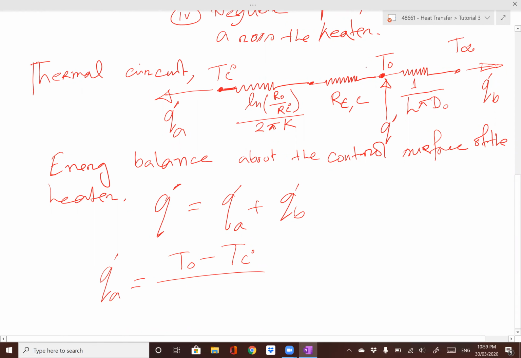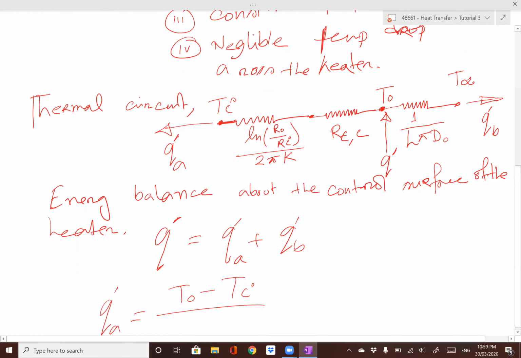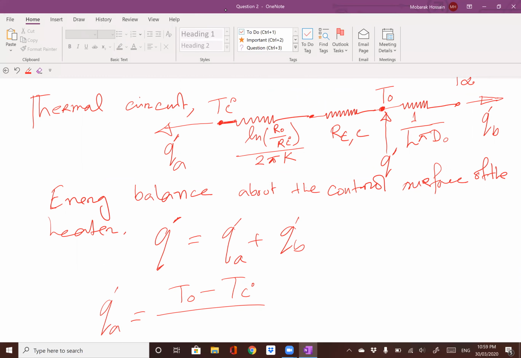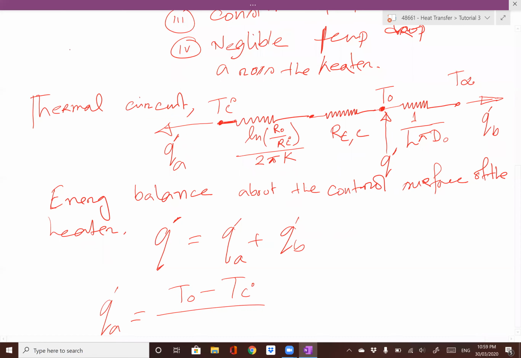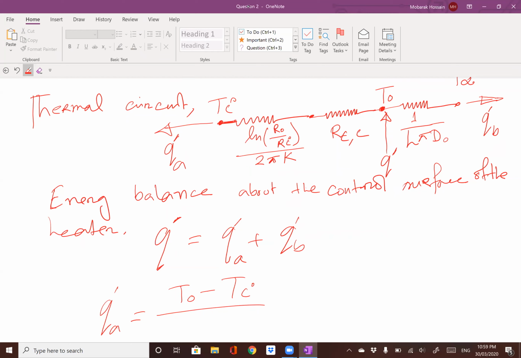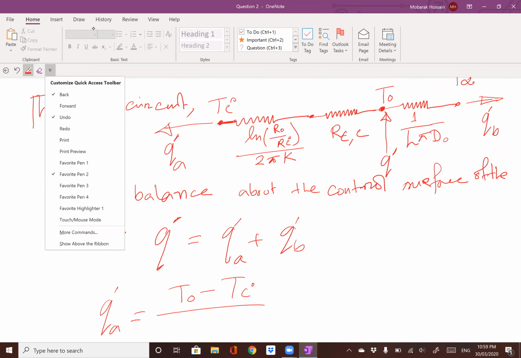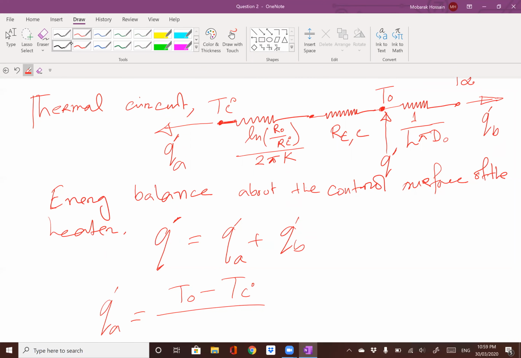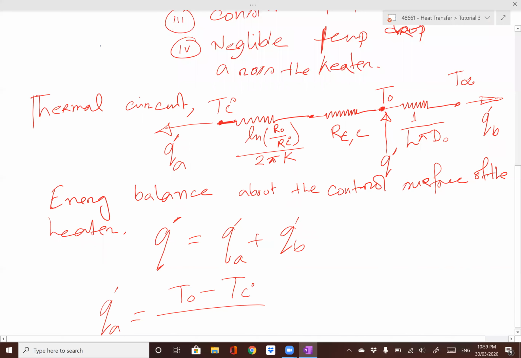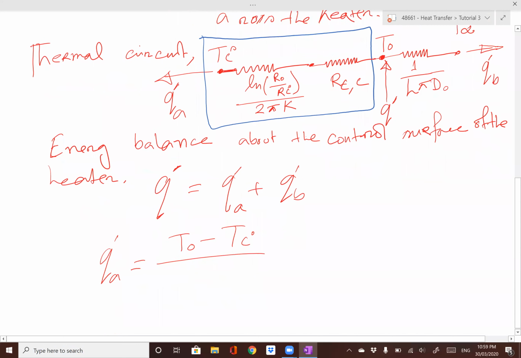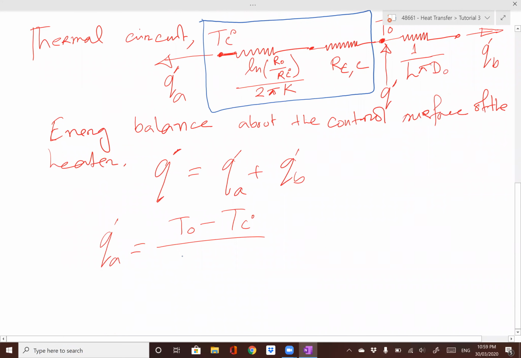So here, for this circuit, the QA will be the total resistance between this circuit.